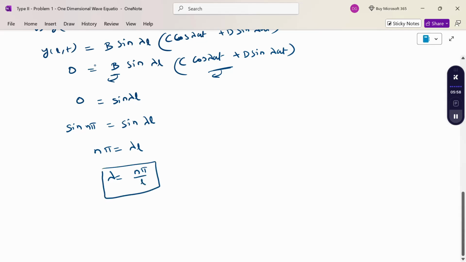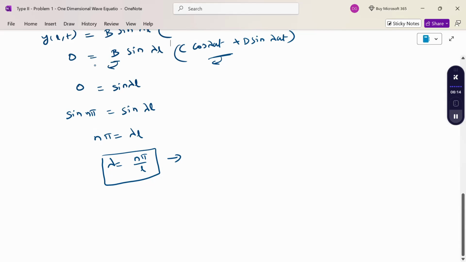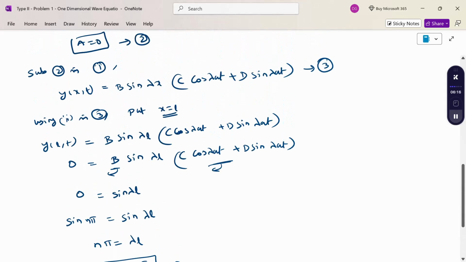The same procedure is followed as with initial zero velocity, now for non-zero velocity. First, using condition 1, A equals 0; using condition 2, lambda equals n pi by L. Consider this the fourth equation. Substitute the fourth equation into the previous third equation.